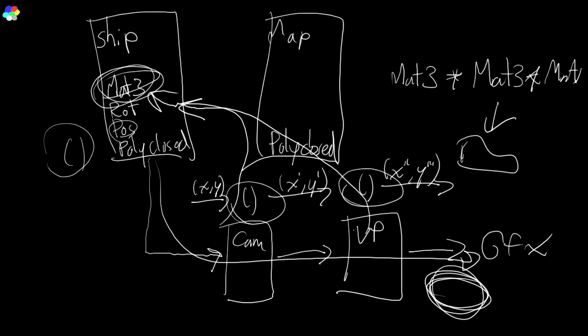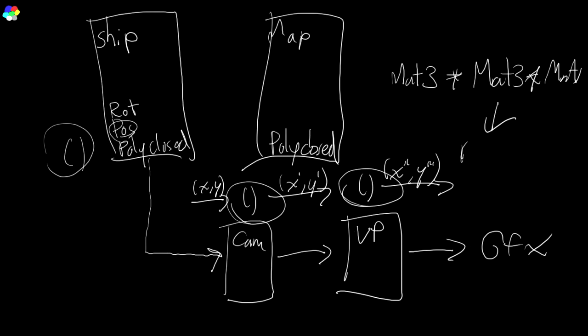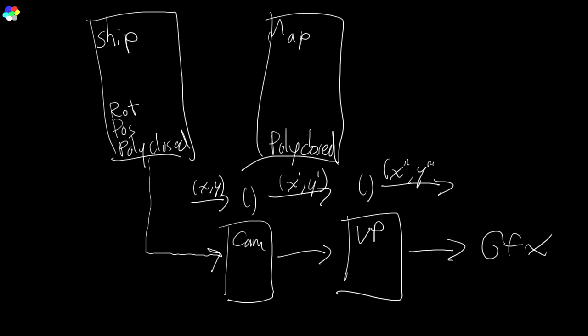So let's see what we got here. I guess I better undo some stuff here. What we're going to do is create a new class, and that class is going to be a drawable.